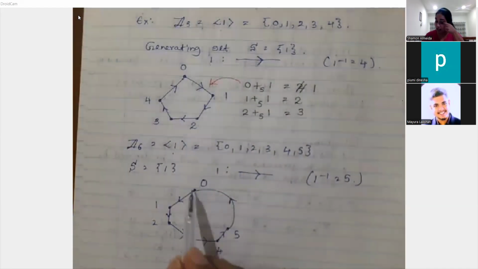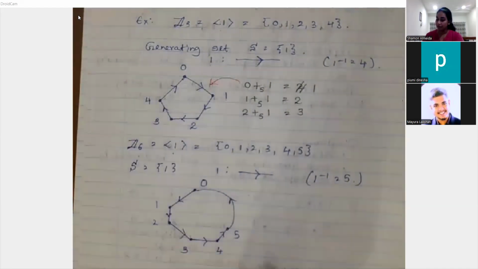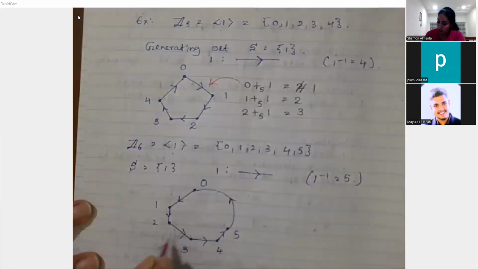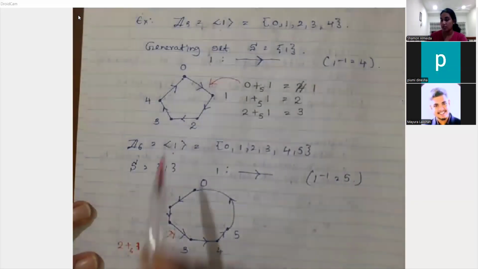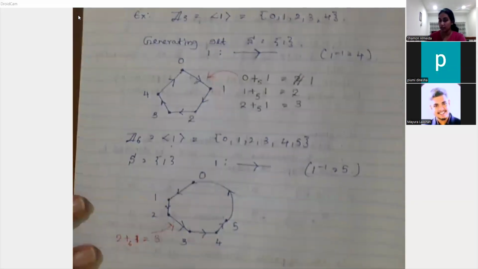Once again, if you start at 0 and 1, right? Let's go here. Because what does this tell you? 2 addition modulo 6, 1 is equal to 3, which is true. Yeah, this edge is connecting 2 to 3. Okay, so it's very similar to what we saw over here.